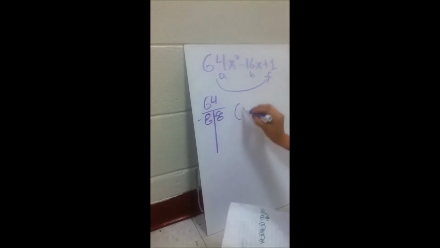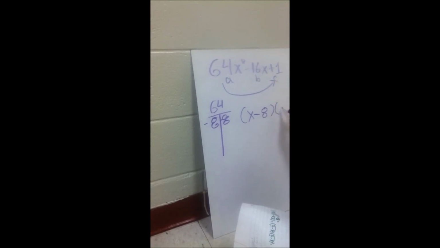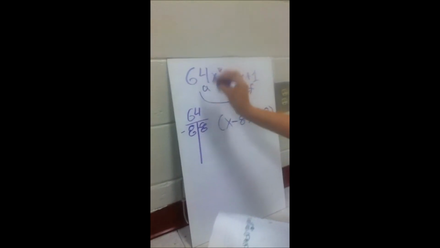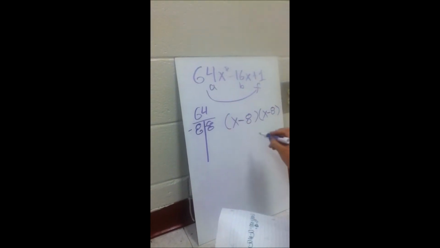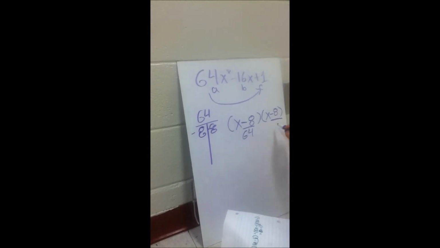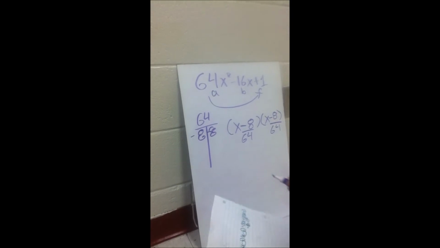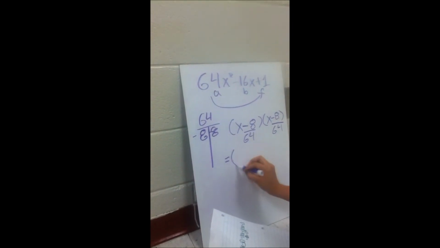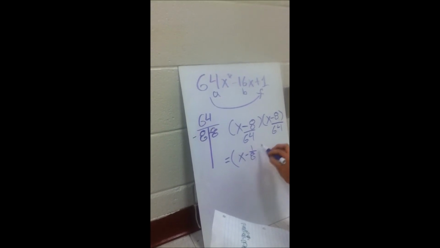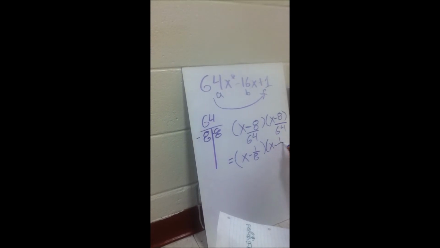And so x minus 8 times x minus 8. And then you have to bring your A, which is 64, and divide it by them. So x minus 1/8. You can have fractions here.